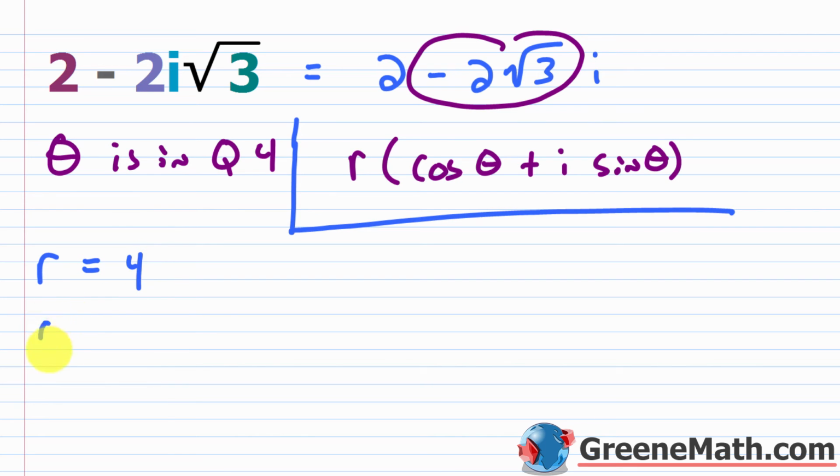Okay, so now I need to find theta. So what is that going to be? Again, you use the fact that the tangent of theta is y, or the imaginary part, over x, or the real part, okay? So the imaginary part, you have your negative 2 times square root of 3 over your real part, which is 2, okay?